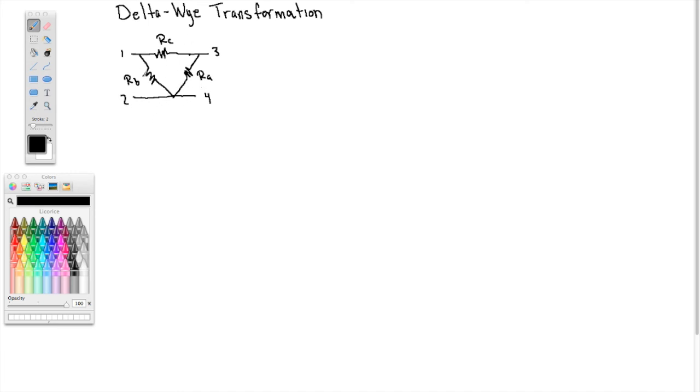This is a delta configuration. The capital Greek letter delta looks like this. So this is delta. That's the delta configuration. And it can be transformed to a different configuration that looks like this. We'll call this R. We'll call this R. The book uses R1.